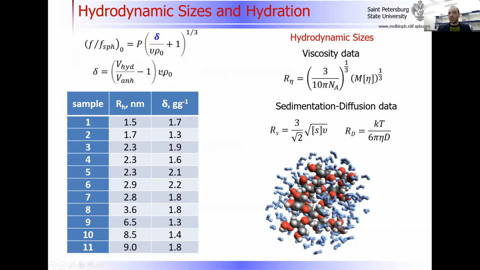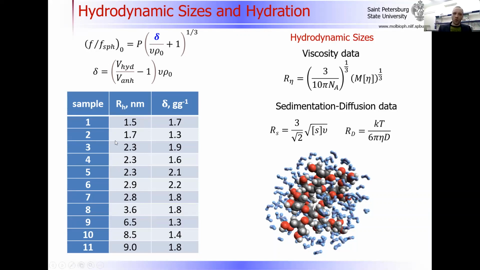Then we can calculate this hydration in terms of grams of water per gram of macromolecule, and we see really large values: on average it's going to be 1.7 grams of water per 1 gram of macromolecules, compared to the 0.3 grams of water for globular proteins. So it's a highly hydrated, very condensed and globular structure.